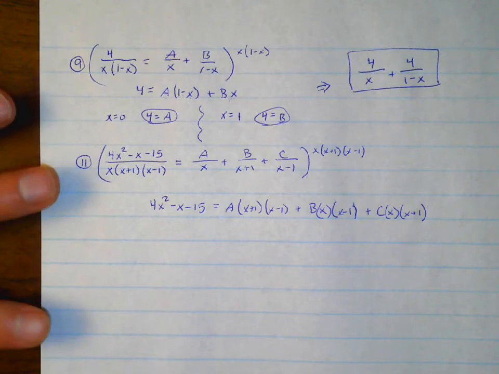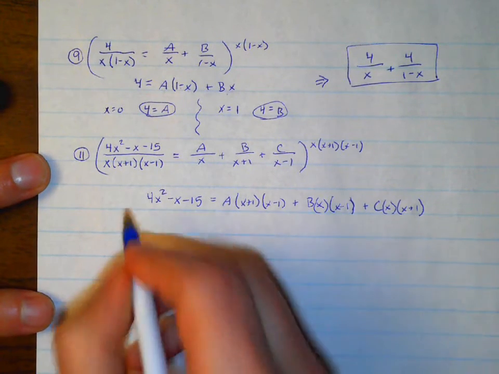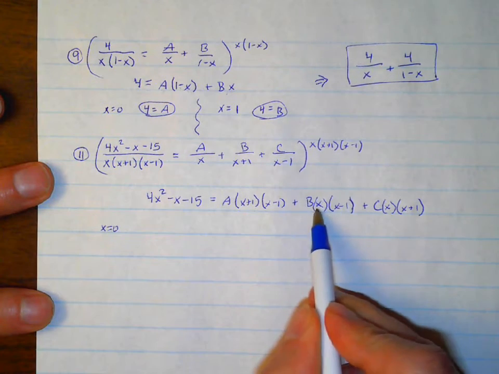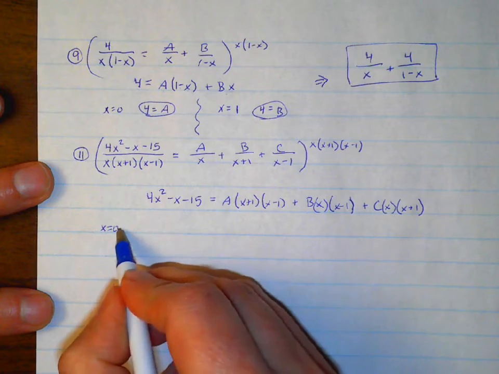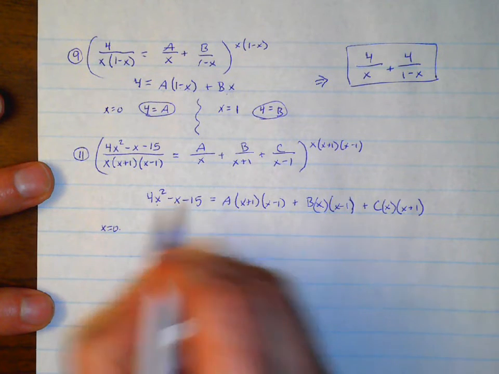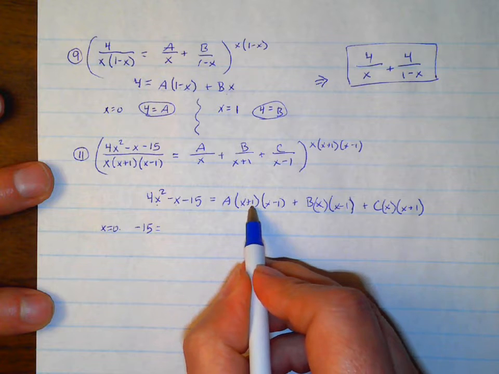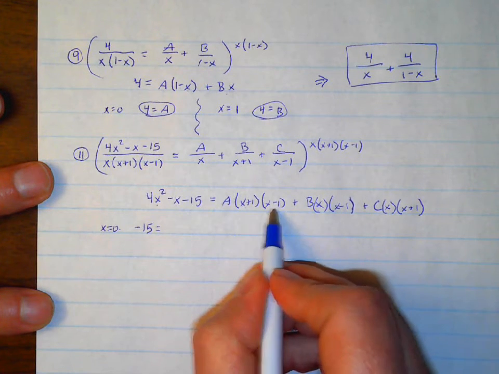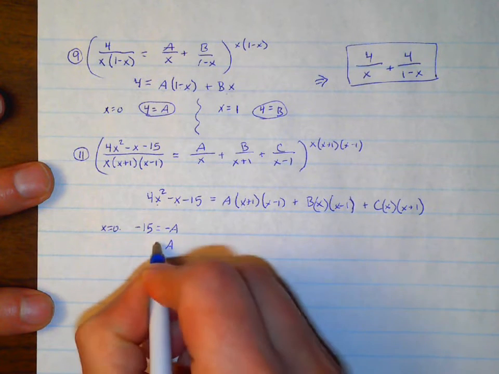Okay, now we've got to plug some numbers in here and solve. So if I plug in x equals 0, 0 times anything is 0, and 0 times anything is 0, so that eliminates those. So plugging in a 0 here, it'd be 0 and 0, so I have negative 15. And 0 plus 1 is 1, 0 minus 1 is negative 1, 1 times negative 1 is negative 1, so I have negative 1a. Therefore, a equals 15.